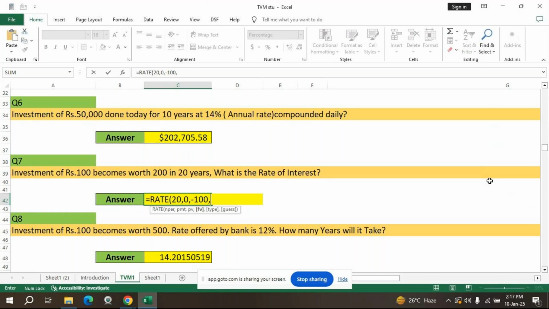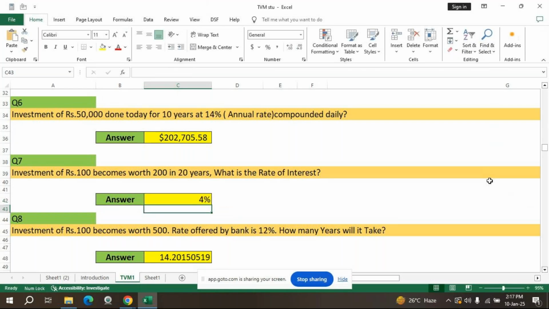Yes, correct. So you put 200, then comma. What is the type? You can just put 0 or whatever you want. Then close the bracket, then enter. See, now we'll be getting 4% interest.